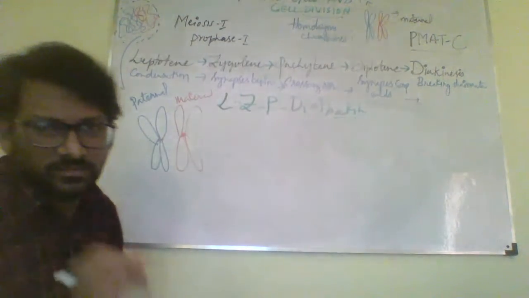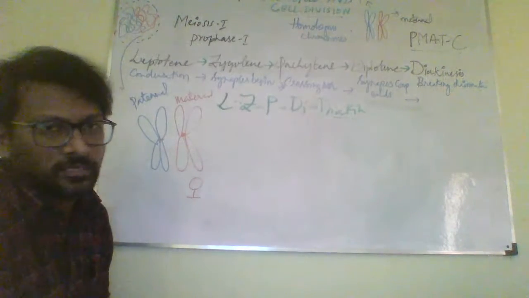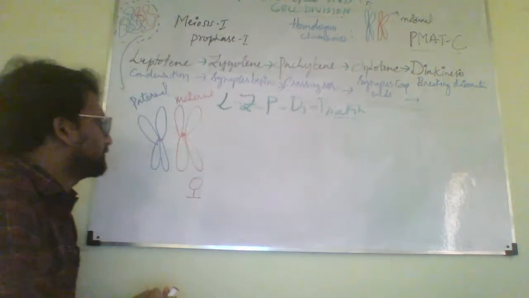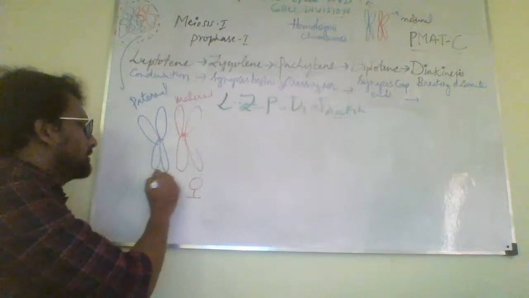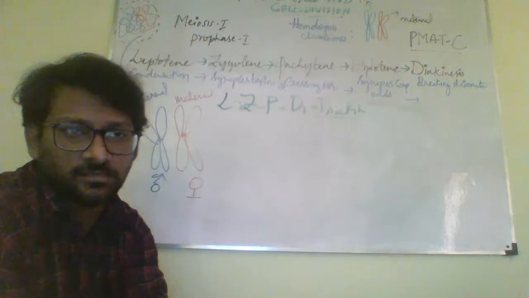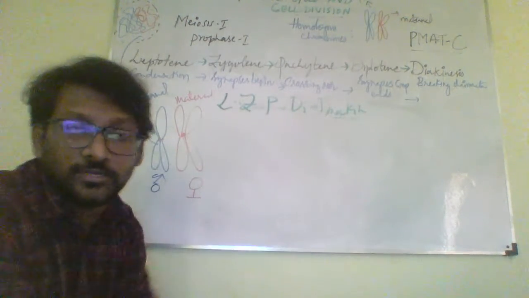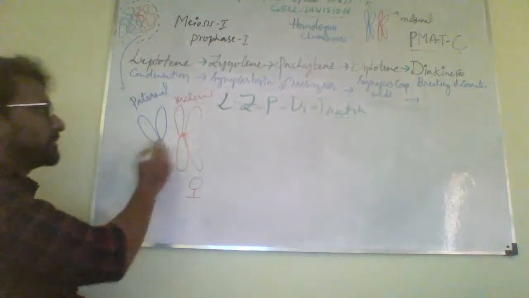To symbolize it, I'll use these symbols: female for maternal, and male for paternal. I'm taking only one set of chromosomes, guys. You need to apply this to the entire 23 sets of chromosomes. So I'm taking one set.